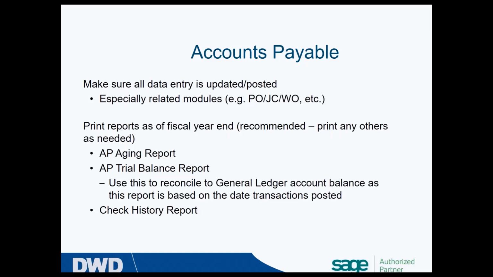Likewise, AR has a balance on the balance sheet, and you've got an AR aging report. Inventory, you've got inventory balances, and you've got your inventory valuation reports. So these are means by which you can confirm things are posting correctly and you're getting all the information that you need.